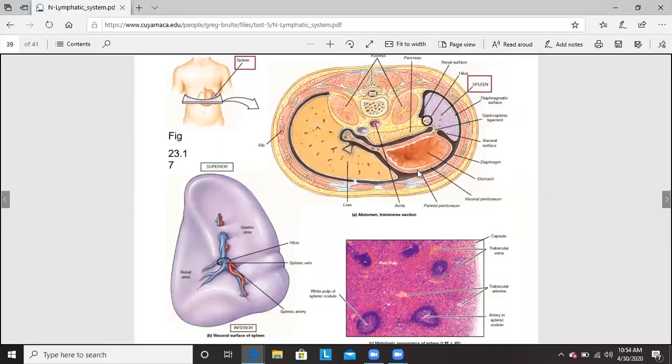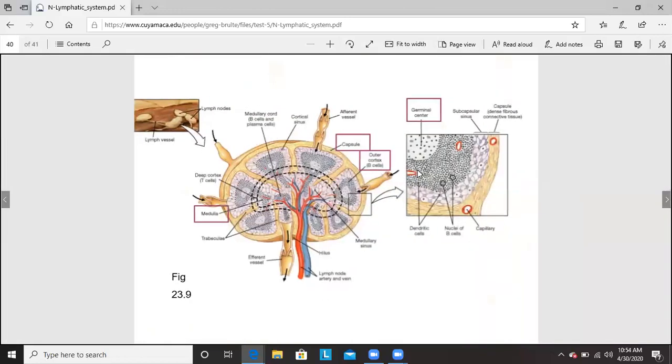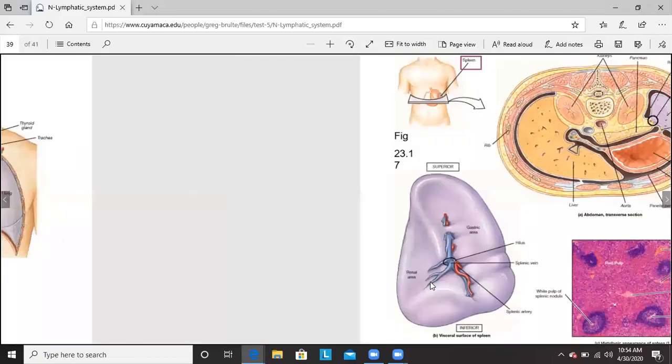There's the spleen, red pulp, white pulp. There's the lymph node. Make sure you know germinal center, capsule, maybe medulla, maybe cortex, but I doubt it. Probably just germinal centers, afferent vessel, efferent vessel. And then we're cool. Okay.